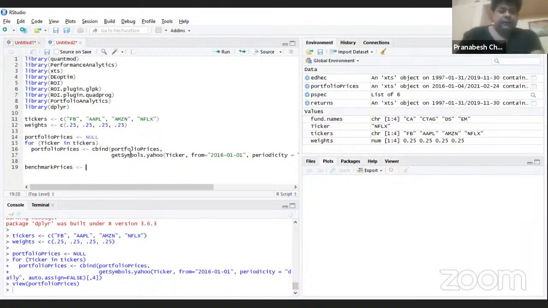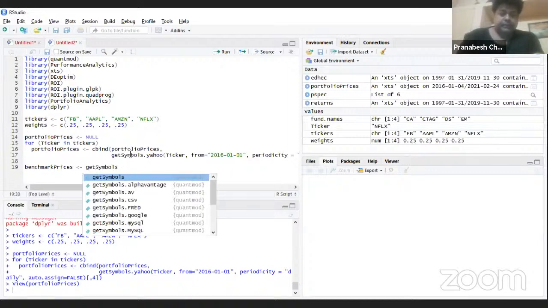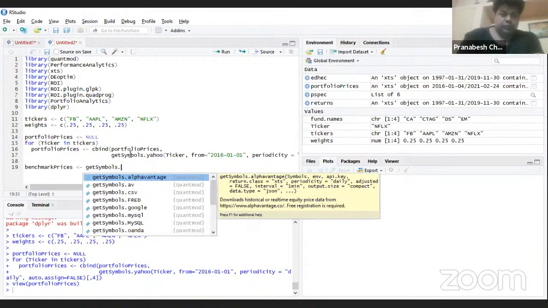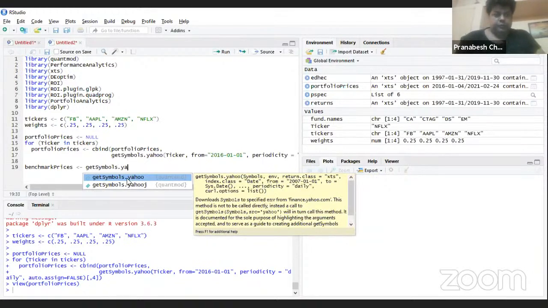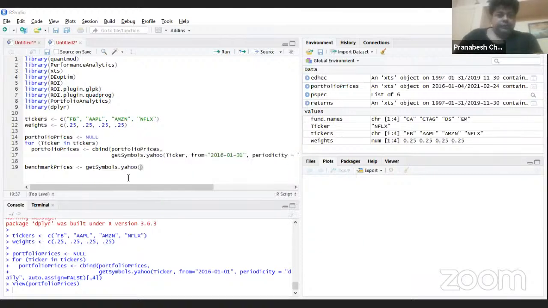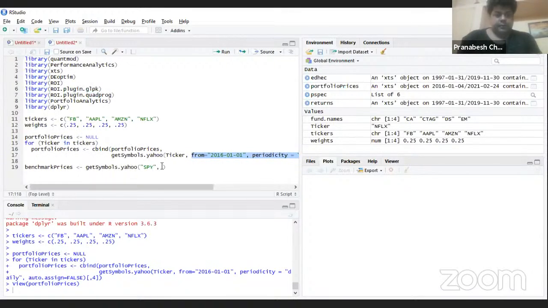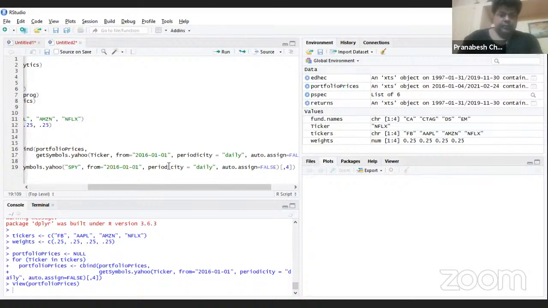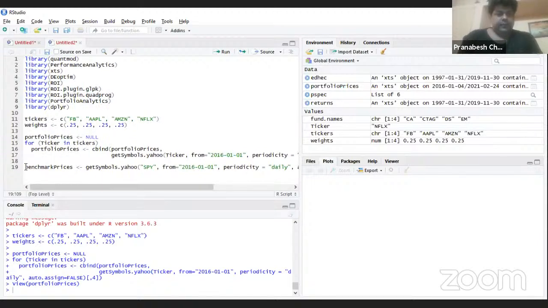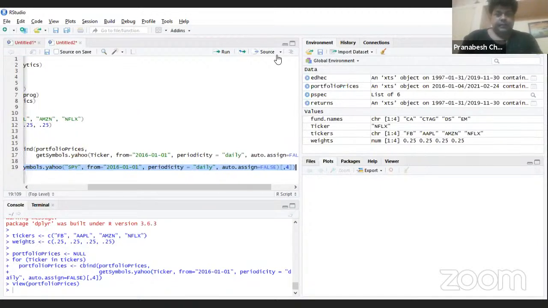We can create our benchmark prices using this same function called getSymbols.yahoo, and in it we have to use something called pi. So let's run it and then we will see. Now we can keep this the same. Periodicity equals daily. Run it and see what the benchmark prices are that we are talking about.